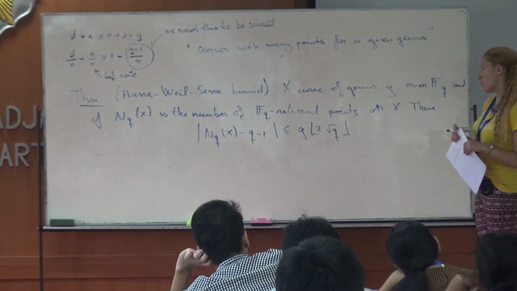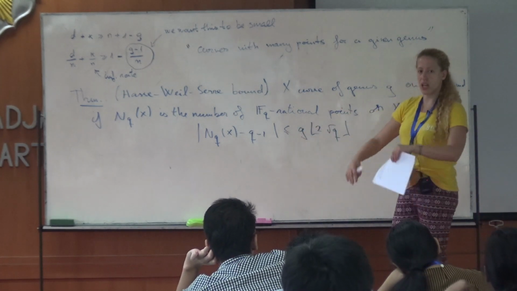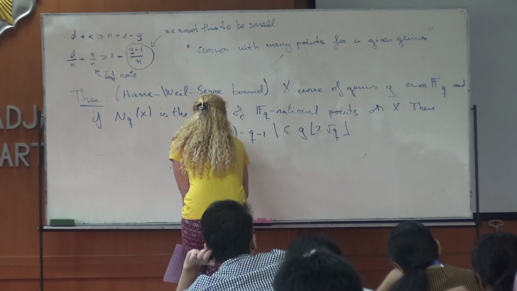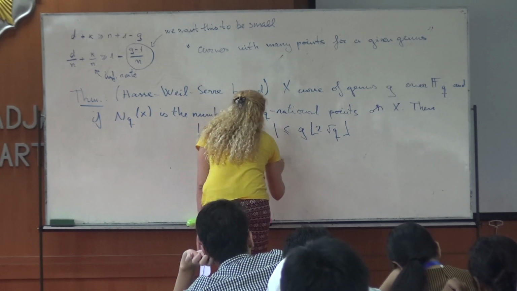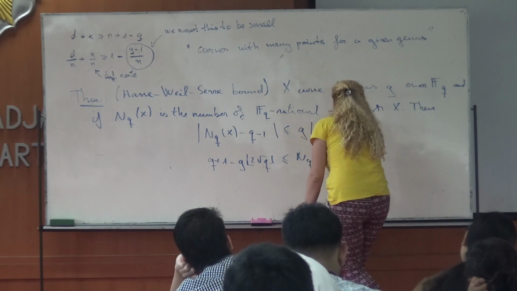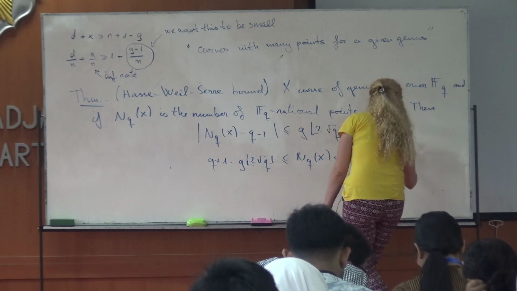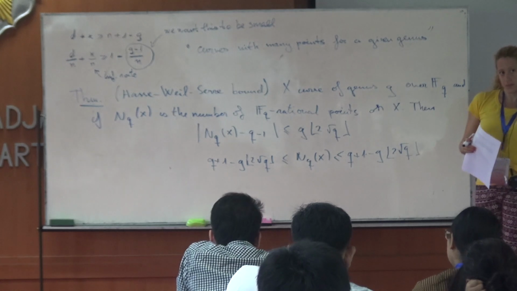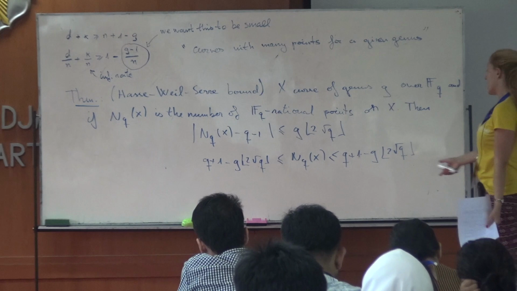Okay, so this is a very famous inequality. This is the absolute value, so basically this tells you that q plus 1 minus g times this is smaller or equal than N_q(X), that is smaller or equal than q plus 1 plus g, times this.